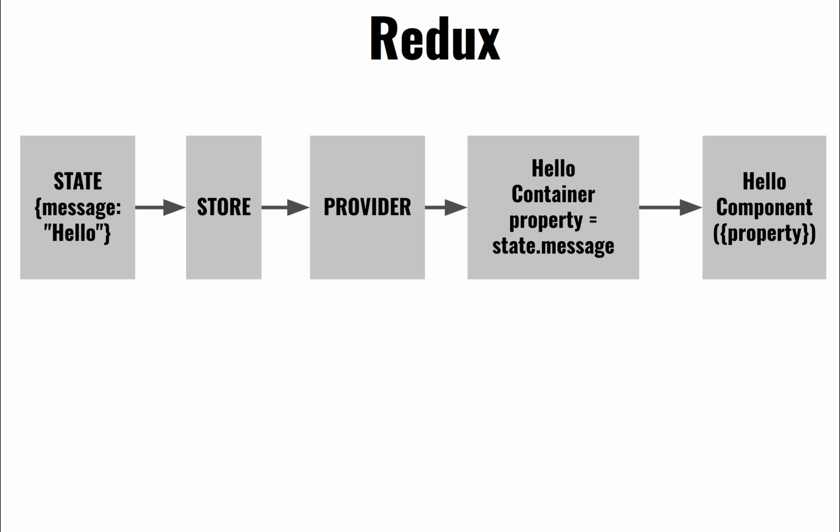Is going to be glued here, and the provider is going to provide that state eventually to a container. There's going to be a React component, and the React component's responsibility is to map the state that is being provided by Redux to the property of some component that will be responsible for rendering that state.